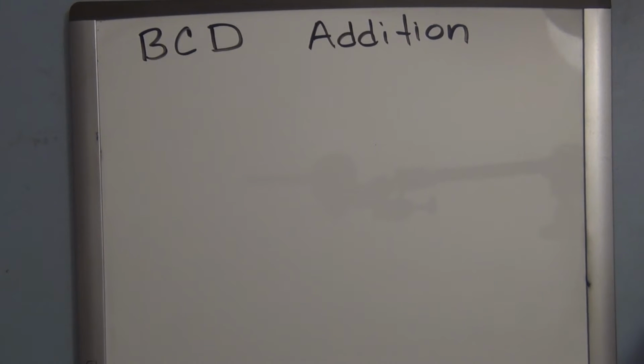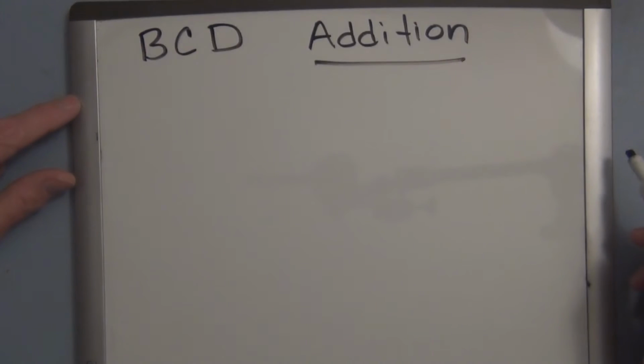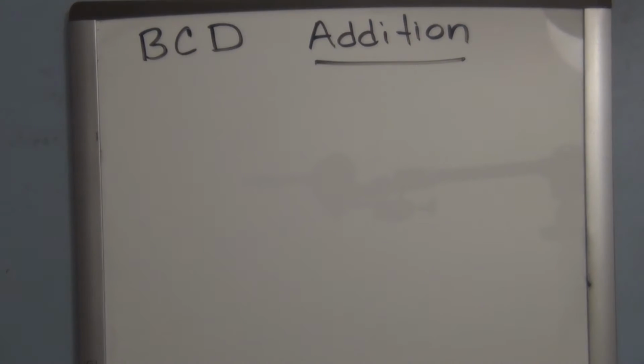Speed is not as critical as when mathematical operations and number crunching are being performed in a microprocessor. So let's take a look at the operation of addition using the BCD code.